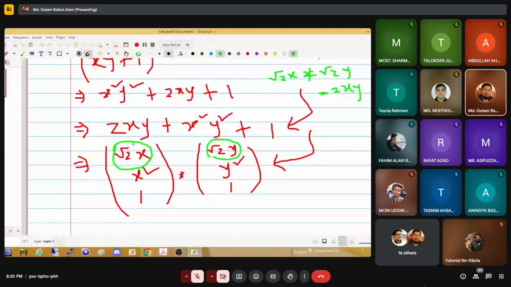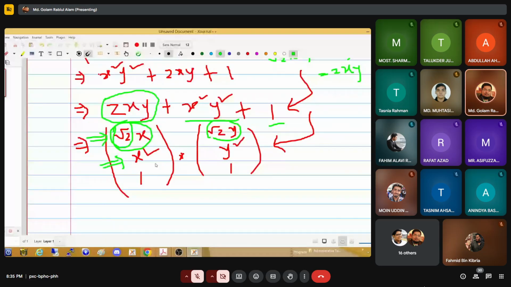But in another dimension, we have to consider the square of x. And in the third dimension, it will be just 1. So this is the constant one. Here it is also the same: root 2y, and then y square and 1.